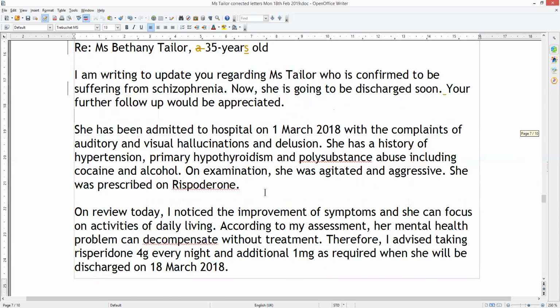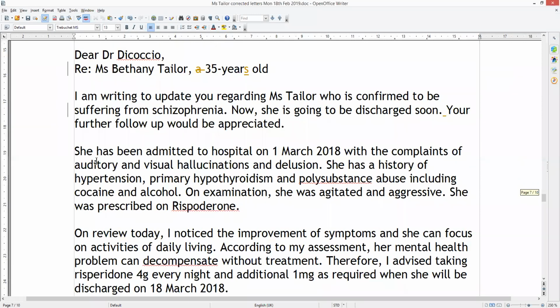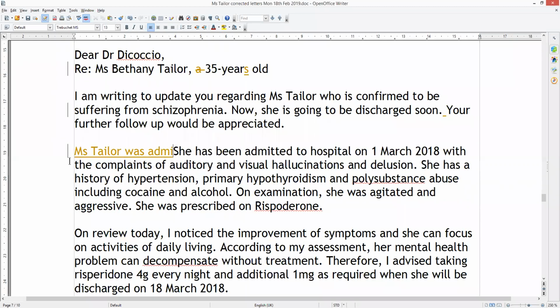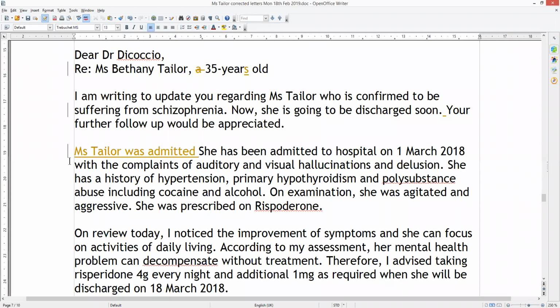She has been admitted to hospital. She has been. Why is it present perfect? Shouldn't it be past perfect or simple past? I would always put a name first instead of a pronoun. Miss Taylor was, because we know exactly when, so you can use the simple past, yeah?